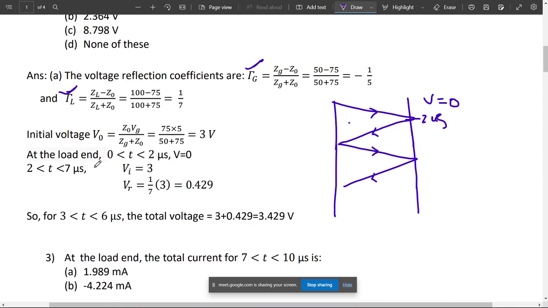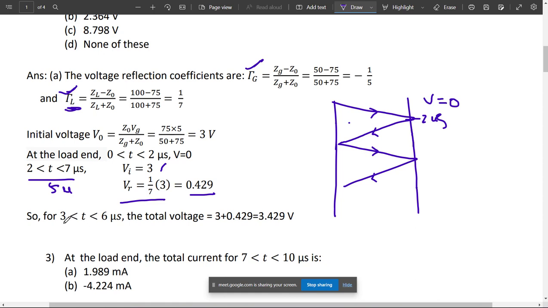Now since the pulse is for 5 microseconds, from time t equals 2 to 7 microseconds, our initial voltage will be 3 and the reflected voltage will be equal to gamma load into 3, right? That is 0.429.